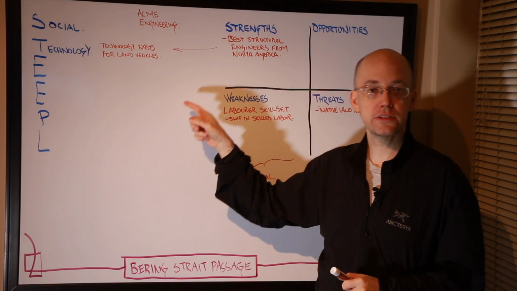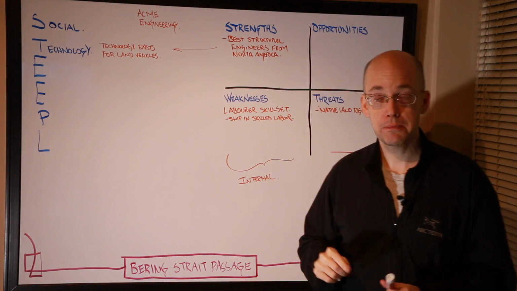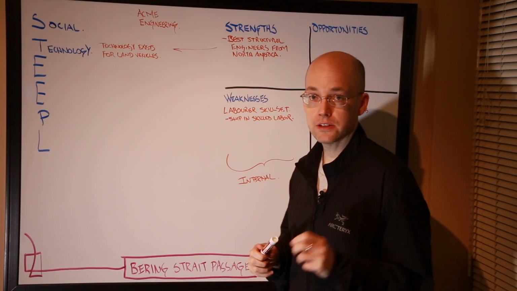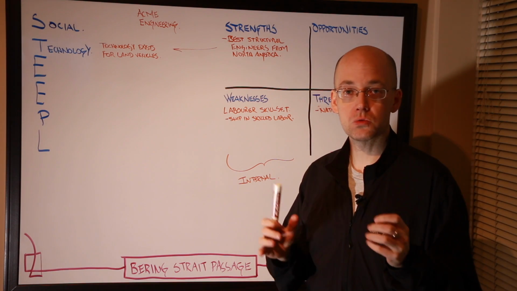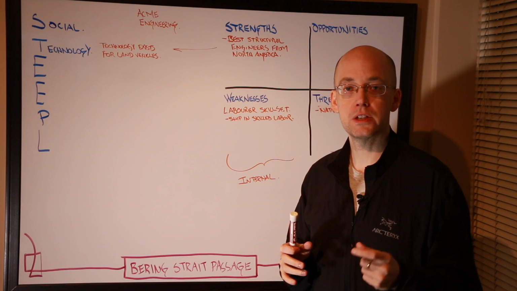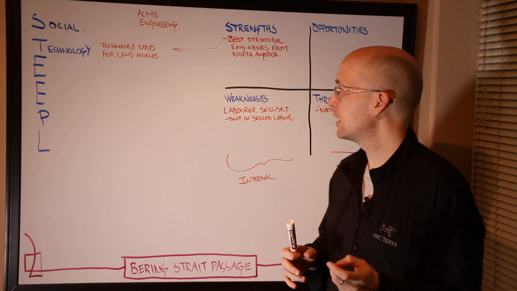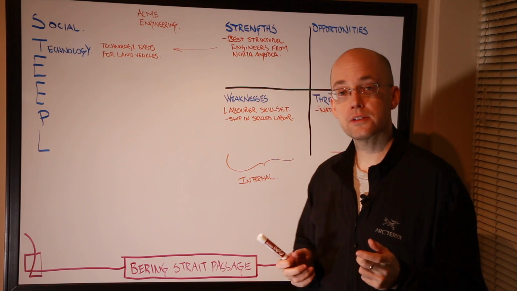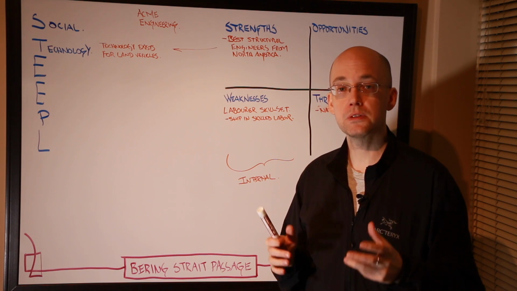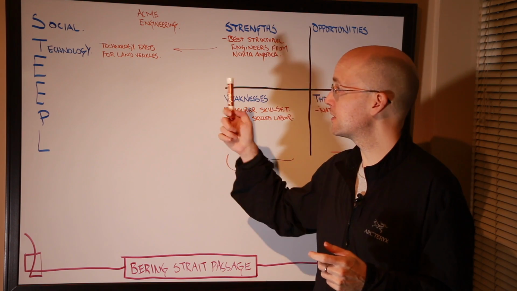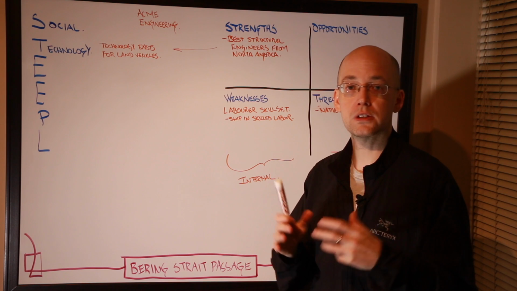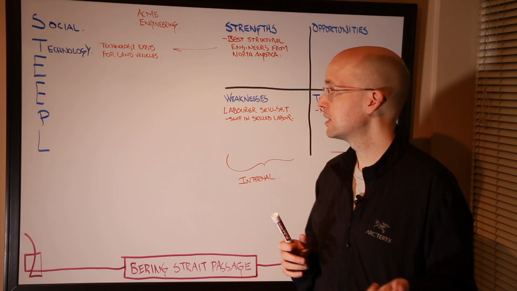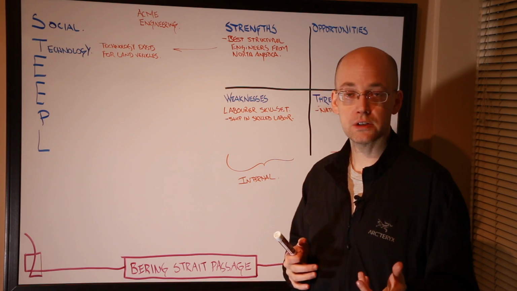So the technology exists for the land vehicles, but where we may have a weakness is if we look at the actual structure itself and what we're up against. And the question that we need to ask is, do we have the applicable technology to put this sort of structure, a land bridge or a tunnel, through this particular area?